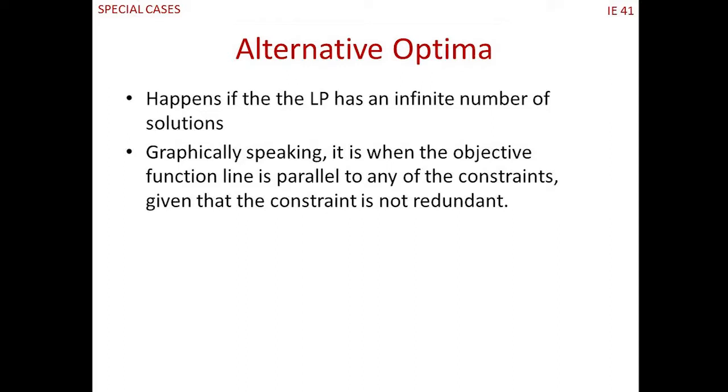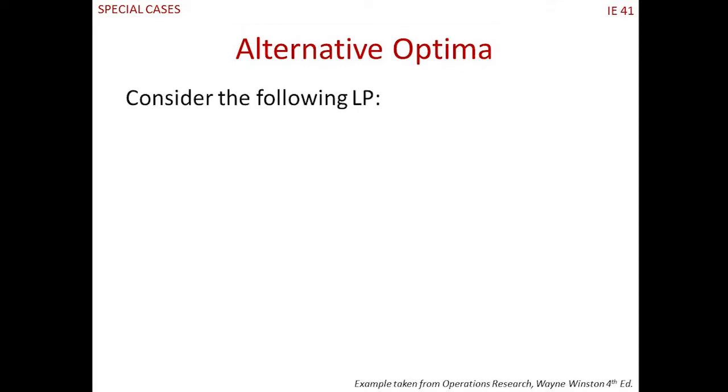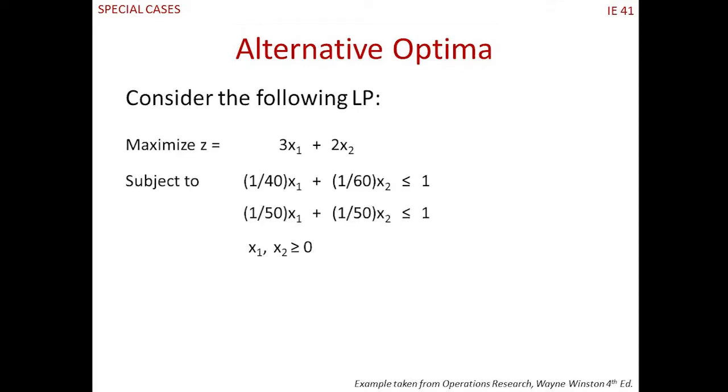For example, considering the following LP, max z equals 3x1 plus 2x2, such that 1/40 x1 plus 1/60 x2 is less than or equal to 1, while 1/50 x1 plus 1/50 x2 is less than or equal to 1 as well. x1 and x2 are both greater than or equal to 0.